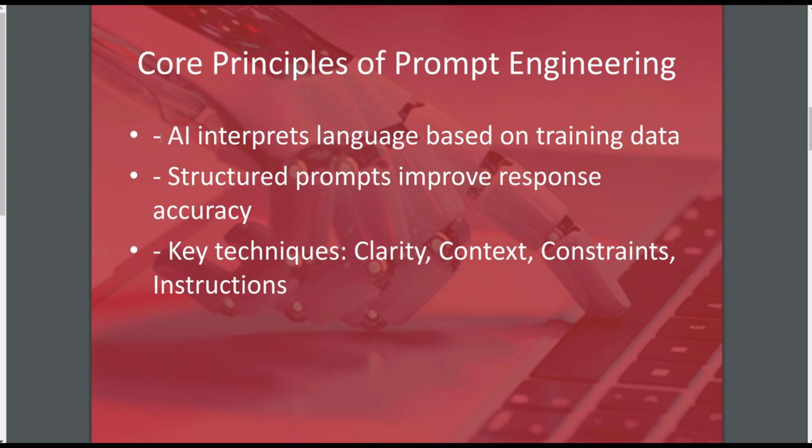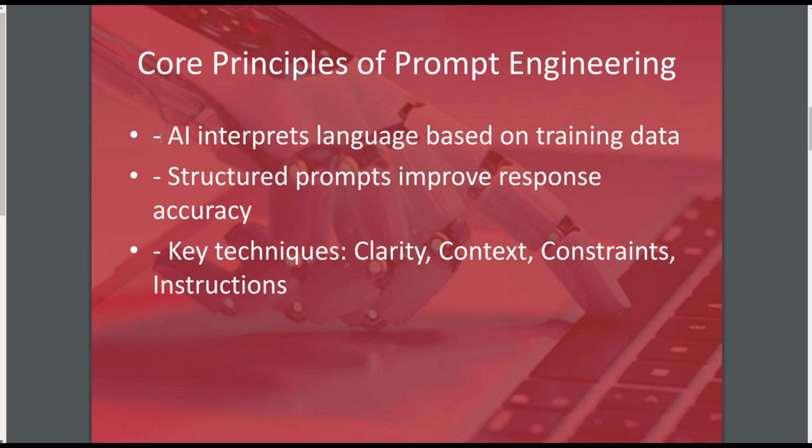Then another factor is context. That is the background info. For example, in the style of Maya Angelou. I know you know who Maya Angelou is. She's a writer and she has a style of writing.